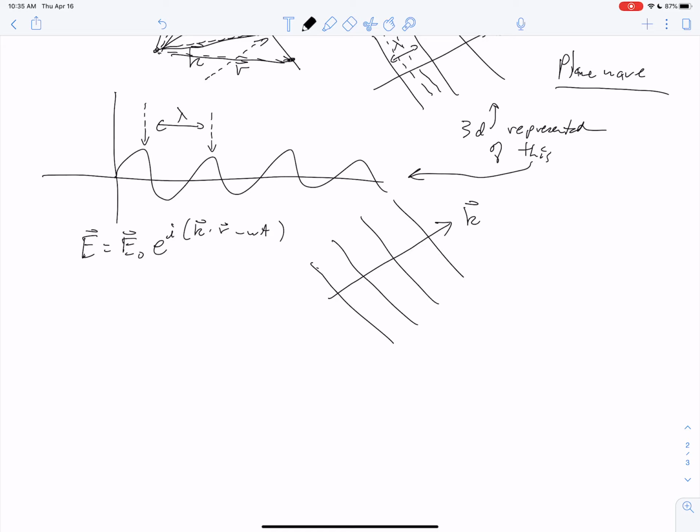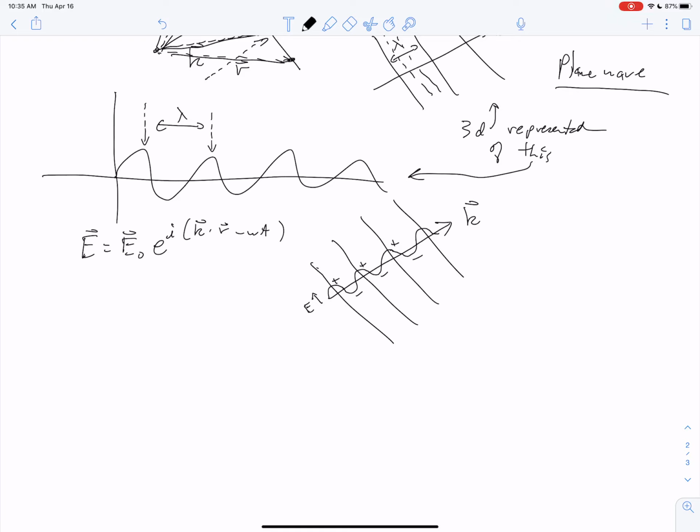Really, what's happening is that the electric field, let's see if I can draw this right, this is the electric field. The electric field is oscillating, and I'll draw it like that, that's the E. You can see that the electric field here is plus, minus, plus, minus, plus, minus.